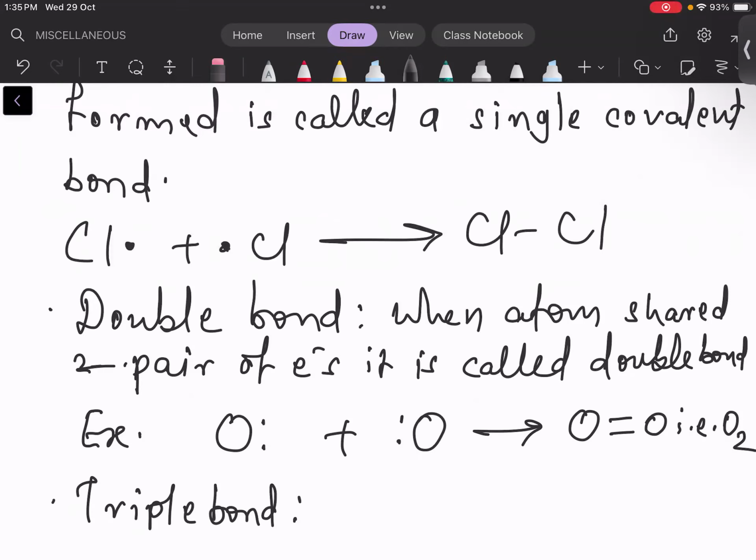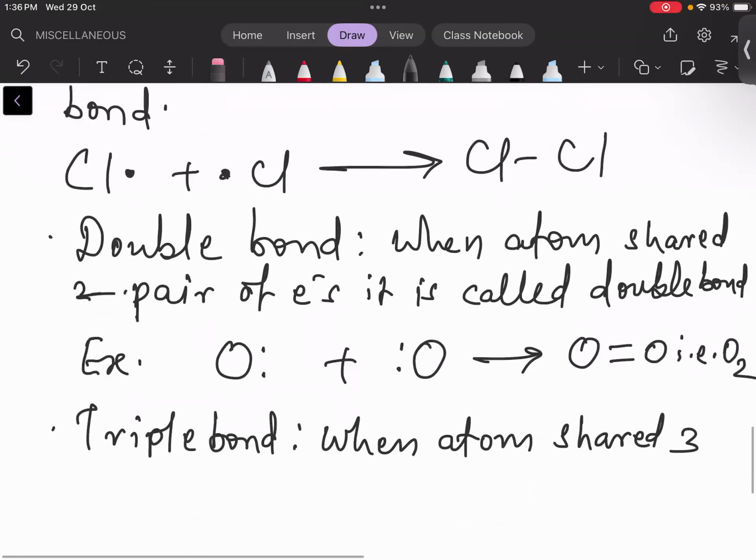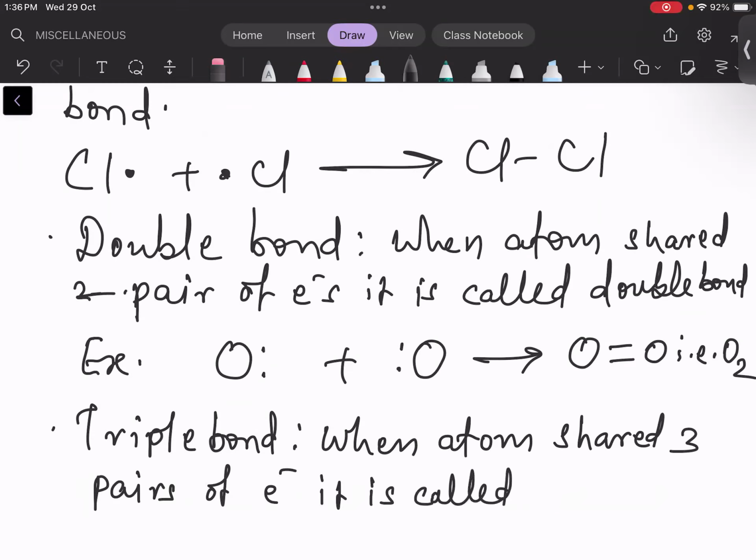Then the next one is the triple bond. When atoms share three pairs of electrons, it is called a triple bond.